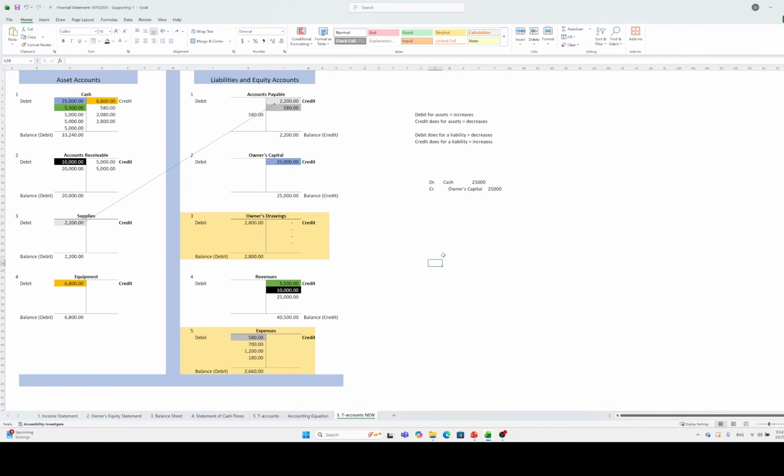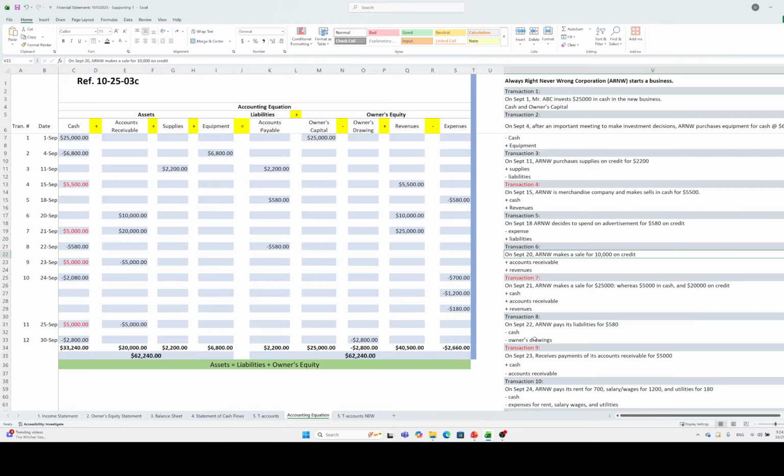So I want to make sure that it's clear. Then transaction number 7, the company makes sales for $25,000, where $5,000 is in cash and $20,000 is on credit.